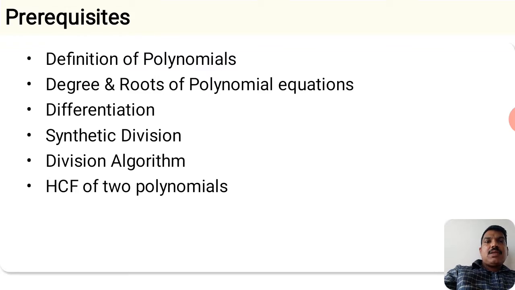Prerequisites: definition of polynomials, degree and roots of polynomial equations, differentiation, synthetic division, division algorithm, HCF of two polynomials.